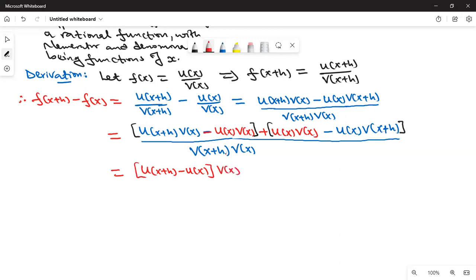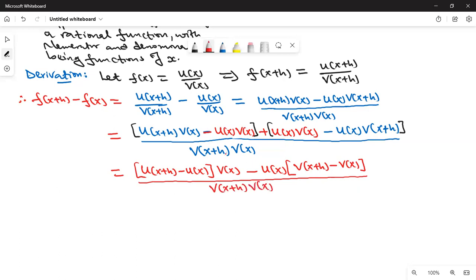Then the other one, I can factor out negative u of x common, so that inside we have v of x plus h minus v of x. I have factored out the negative u of x. Take note of that. So the whole of this is divided by v of x plus h times v of x.